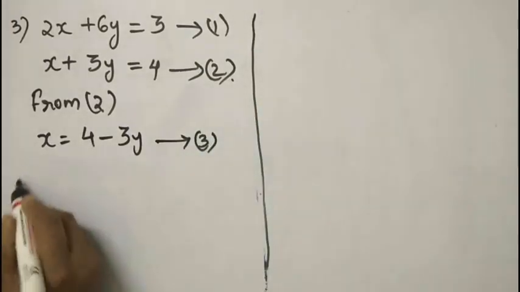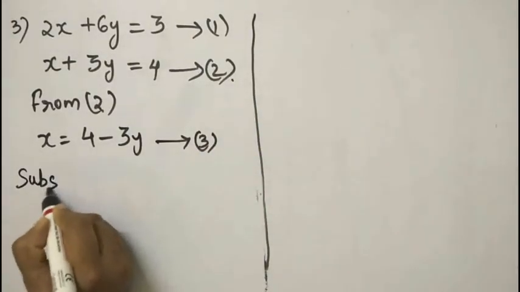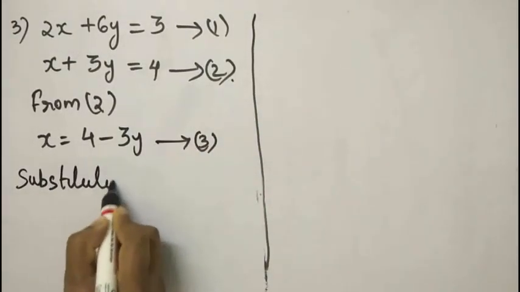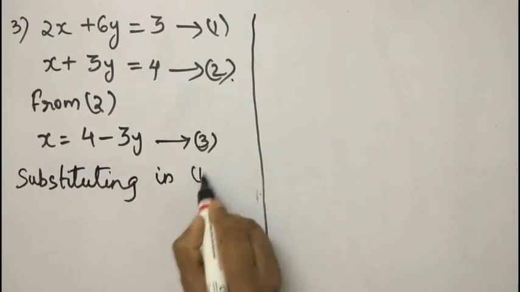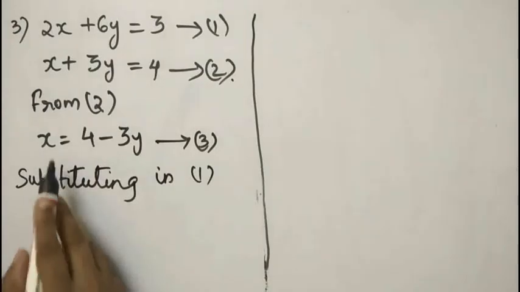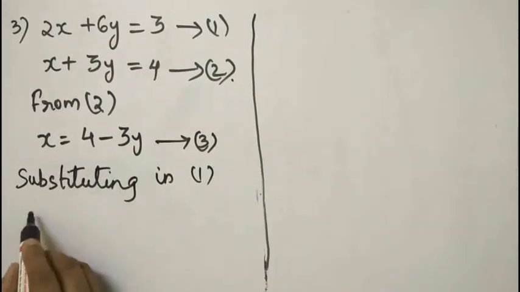Now, substituting in 1, we get, in place of x, you have to substitute 4 minus 3y.